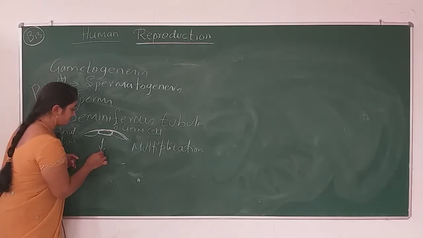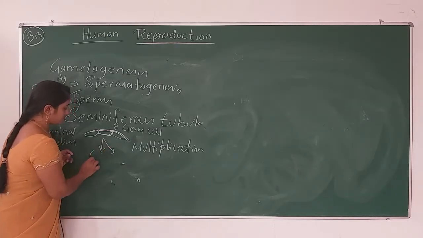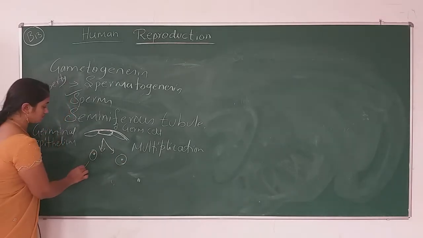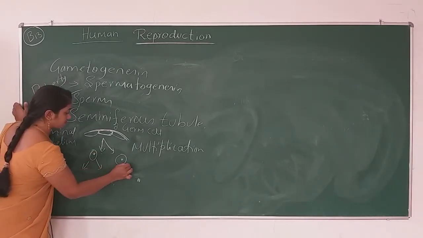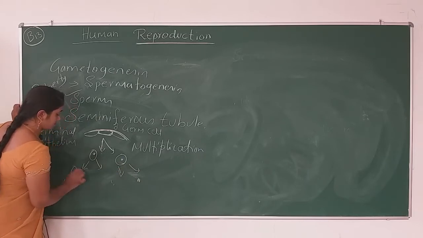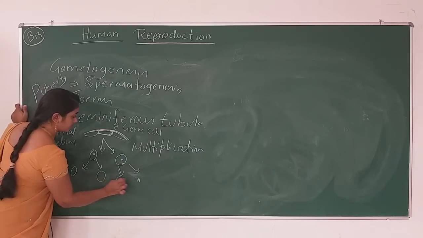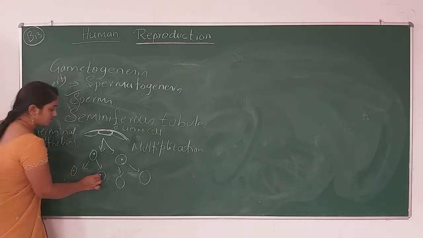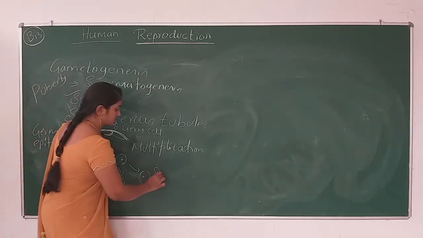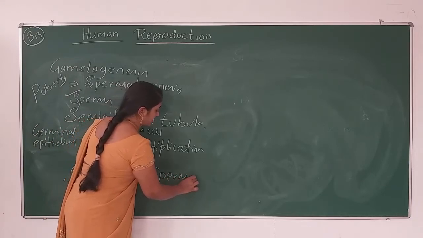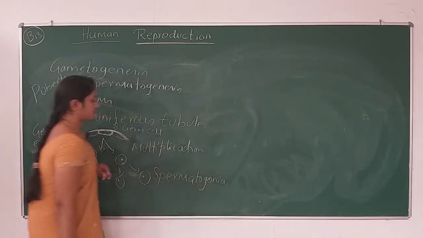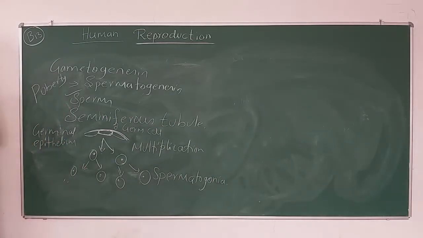So, here we have a number of cells. Now we are going to start giving names to these cells. This is the Spermatogonia.